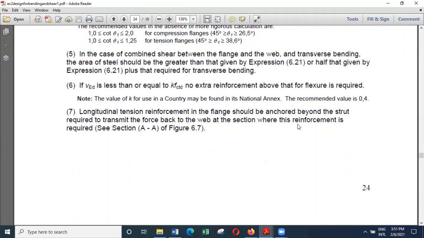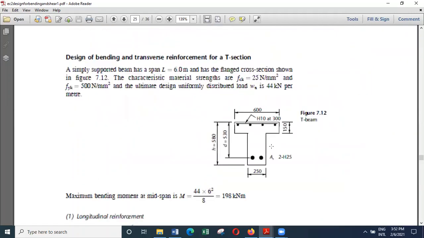So in most of the cases, in normal situations, we design the slab to carry hogging moments, and because of that we need a reasonable amount of reinforcement.